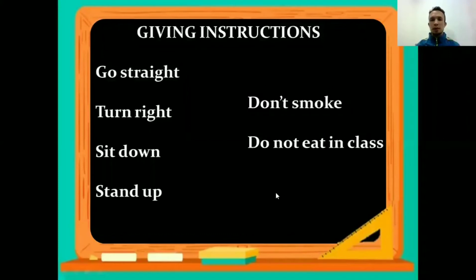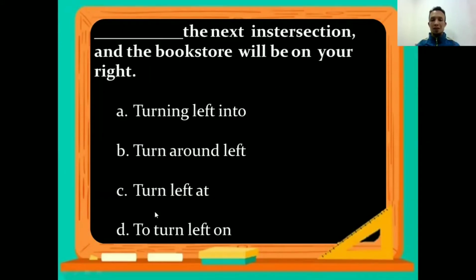With the verb in the base form. Go straight, turn right, sit down, stand up. Or if it is a negative one, you use the verb with don't. Don't smoke. Do not eat in class. That's the way you use the verbs when you're giving instructions. For this reason, in this case, it's necessary to use turn left, the verb in the base form.